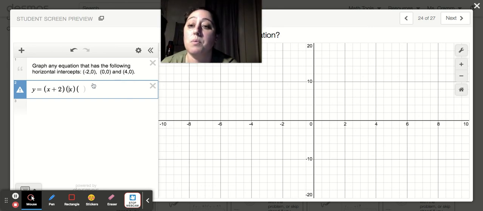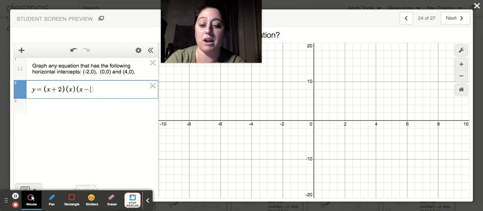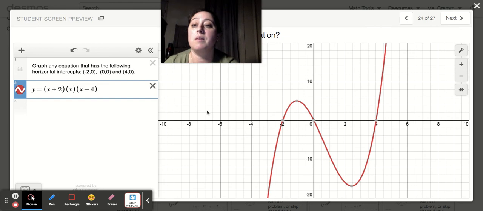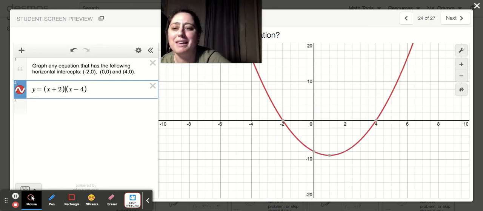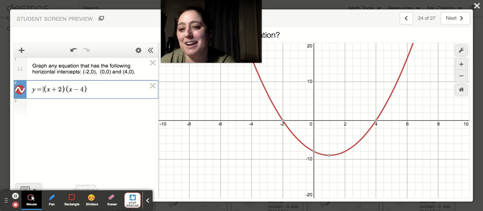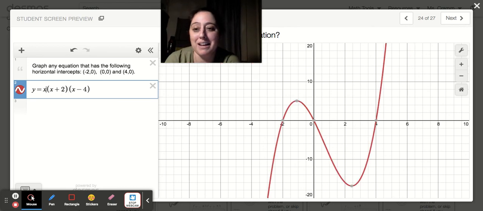And then the next one is 4, 0. So if x is 4, I've got to subtract 4 from that. All right, so let me just check. I've got negative 2, 0. I've got 0, 0. And I've got 4, 0. Okay. Sometimes this bothers me just being here. It's not wrong. I just like putting that x by itself in front. Tomato, tomato.